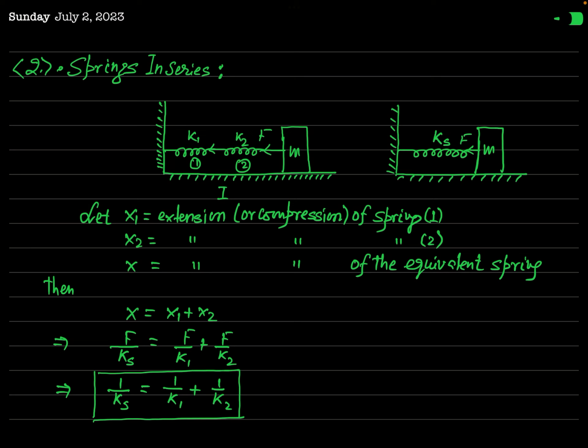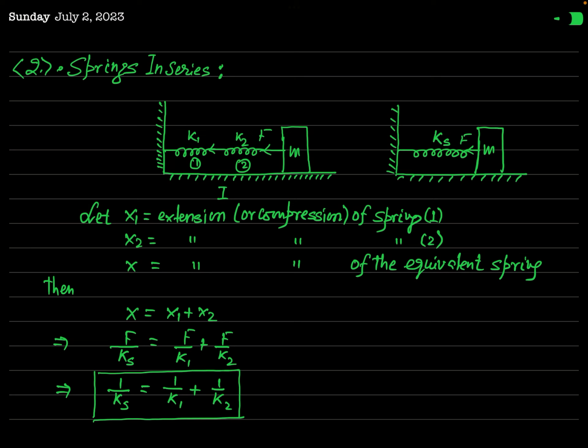Now if this block is displaced from its equilibrium position and released, it will again perform a simple harmonic motion if the displacement is small. So what will be the time period in this condition? How can we find it?